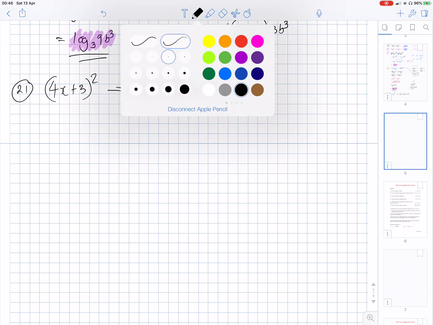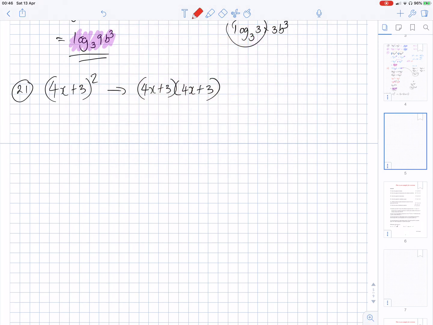Okay, that makes it easier. Just multiply the 4x and the 4x, then the 4x and the 3, and the 3 and the 4x, and the 3 and the 3. So this becomes 4x times 4x plus 4x times 3 plus 3 times 4x plus 3 times 3.